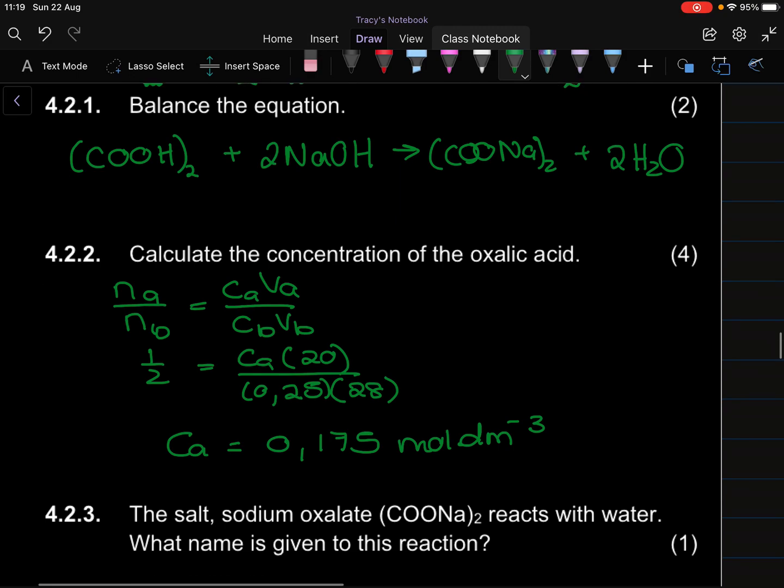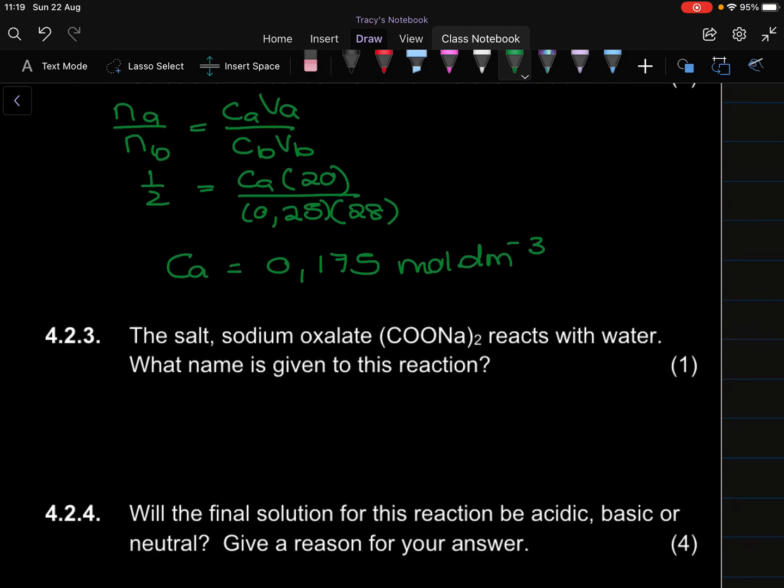Okay, then they say the sodium salt, the COONa, okay, reacts with water. The key here is they say it reacts with water. A reaction with water is hydrolysis. That's a given.